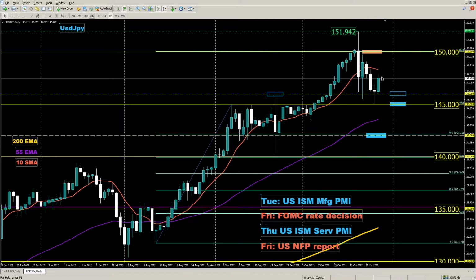So this is a bullish candlestick pattern here. And if it's really going to follow through next week, then dollar yen could continue higher, but it's still exposed to the BOJ intervention, so it may not get up very high. Not sure whether it's going to even test the 150 again.